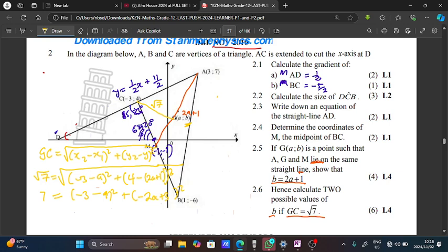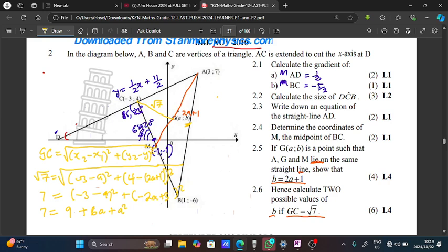Alright, let's see. 7 equals, now we must expand this again. So expanding, we get 9 plus 6a, then plus a squared again. Do your normal way.